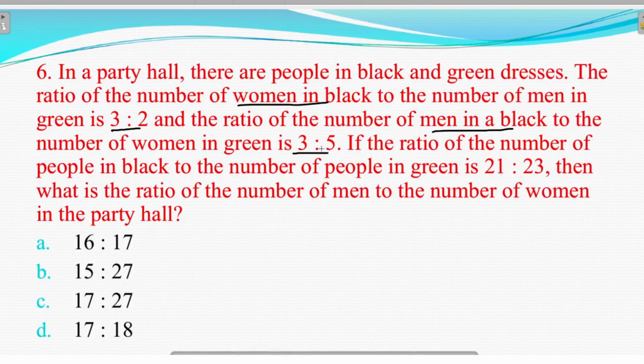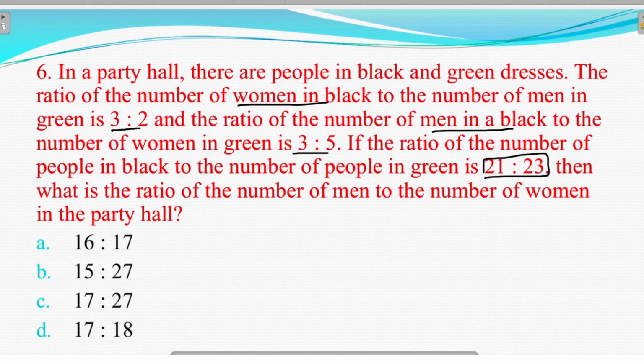If the ratio of the number of people in black to the number of people in green is 21:23, then what is the ratio of the number of men to the number of women in the party hall? Very difficult question actually, but if you use the concept, let's verify.